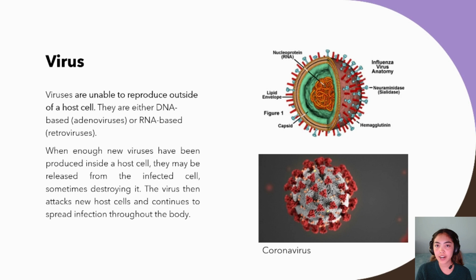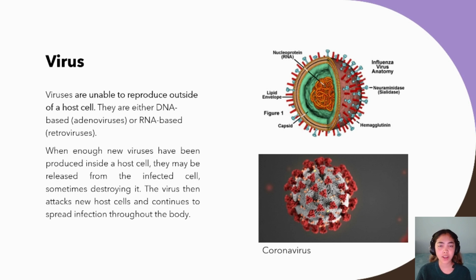Now, the coronavirus is a single stranded RNA based virus, which means it is able to mutate very quickly, which is why we've seen in the news and the media all the different types of coronavirus popping up rapidly and everywhere. The more times an RNA based virus infects a person, the more likely it is that its genetic code will be changed when the host cell is coding the DNA.